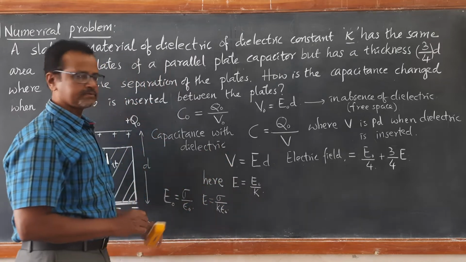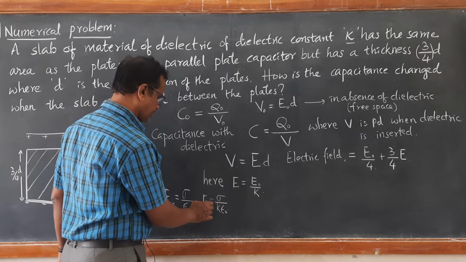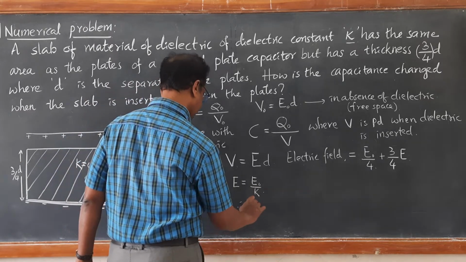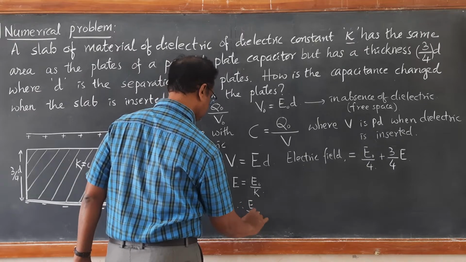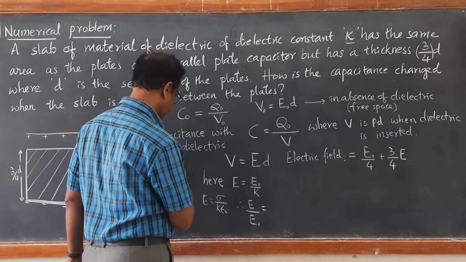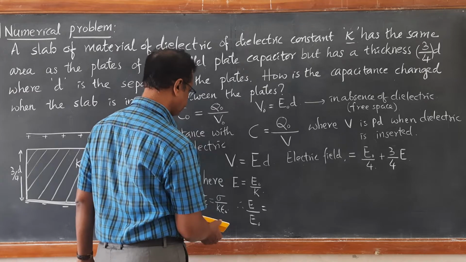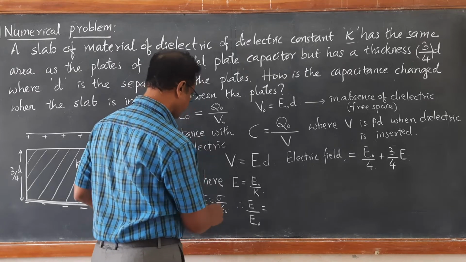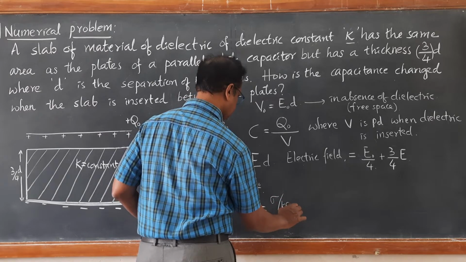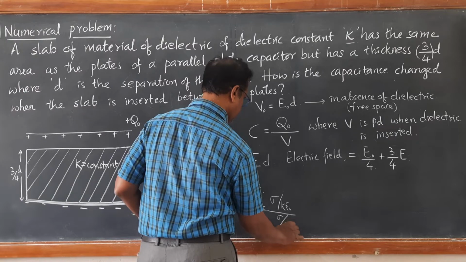Sigma upon K epsilon naught. So we got this result. Therefore, if you take E by E naught, or rather E naught by E, you will get E by E naught equal to sigma upon K epsilon naught divided by sigma upon epsilon naught.